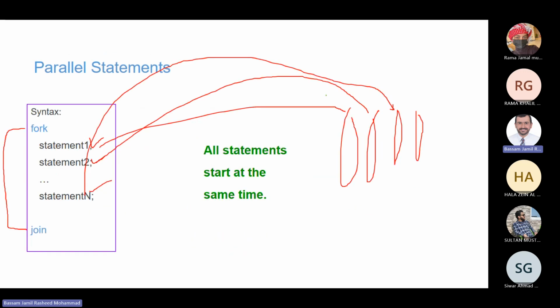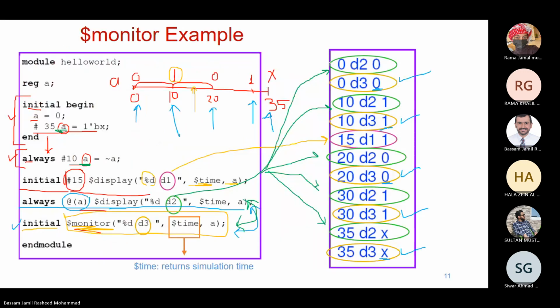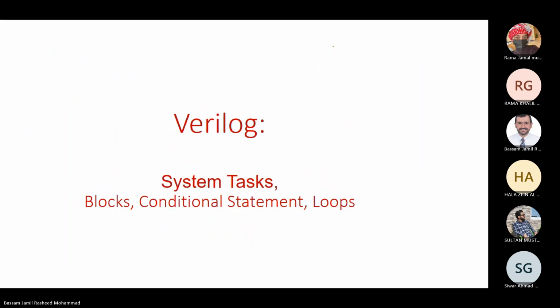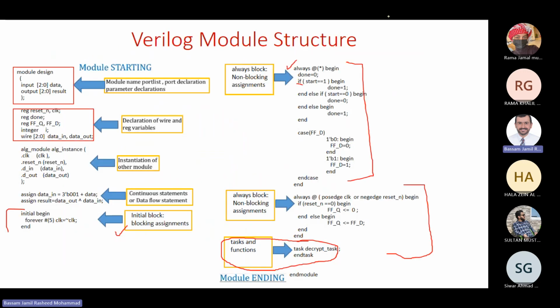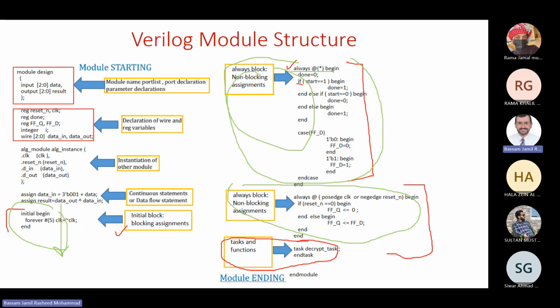All right. So what we have done in this lecture, we talked about the initial blocks and the always blocks, and what we can do inside them in terms of using the sensitivity list for the always block, and that the initial block is run one time, the always block is running constantly.